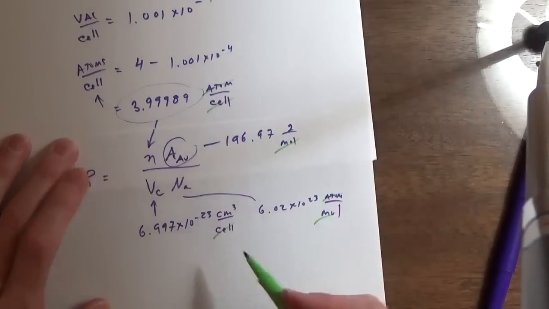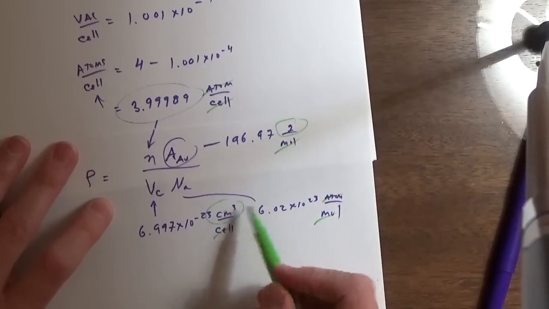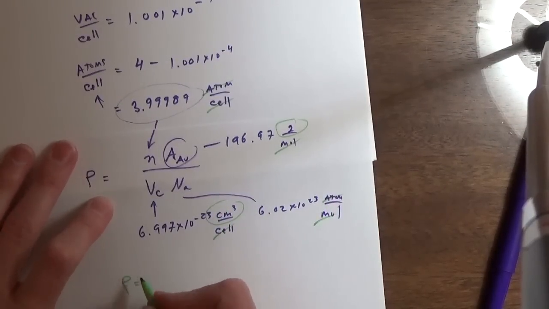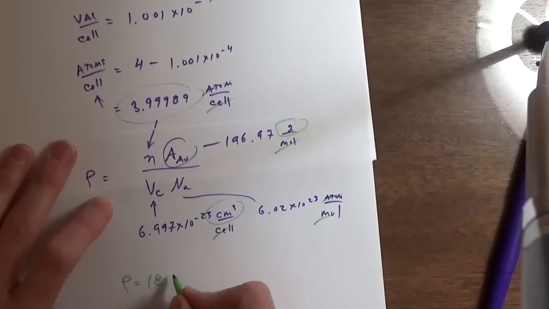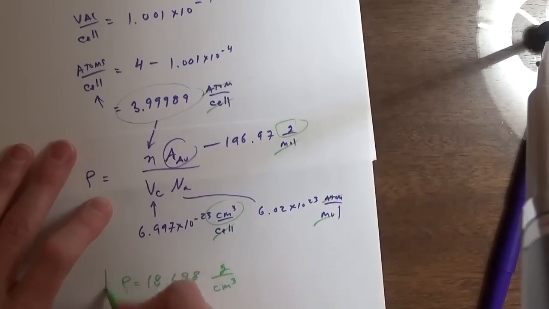Inverse cells go away, leaving us with grams per cubic centimeter. So rho is equal to 18.698 gram per cubic centimeter.